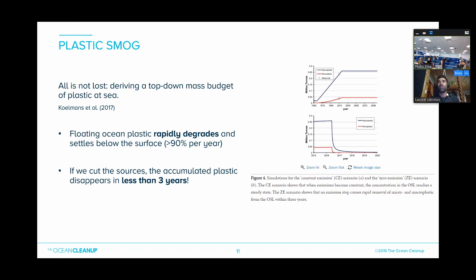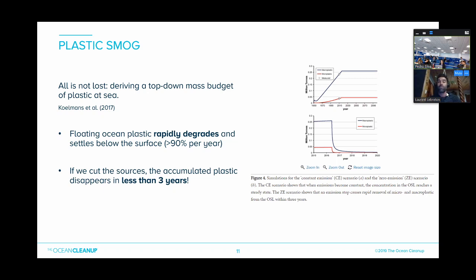Basically the paper was explaining that to have those two linked together, the only explanation is that plastic degrades very quickly. In the paper, more than 90% of the mass of plastic floating at the surface of the ocean is assumed to degrade within 1 year and later settle on the seabed, right?